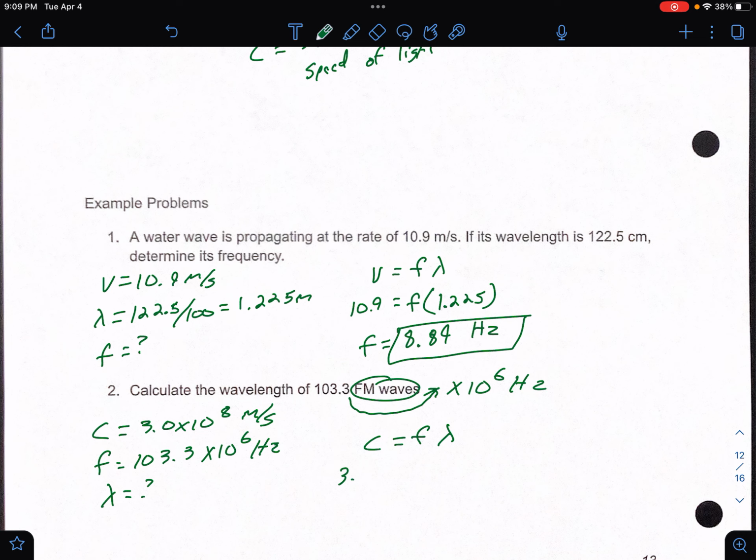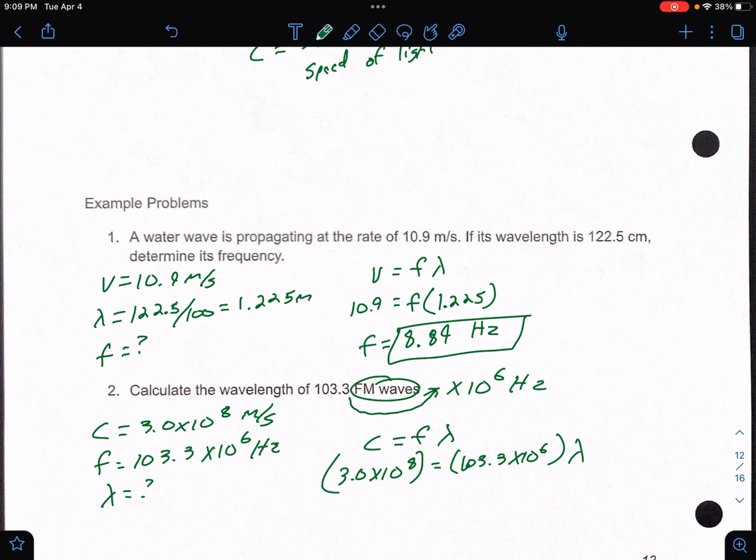So I'm going to do 3.0 times 10 to the 8th equals frequency, which is 103.3 times 10 to the 6th, and wavelength is upside down y. Now, please be careful when you're typing this into the calculator. When you're having multiple scientific notation numbers like this, please use parentheses when you do your division, because a lot of times you'll do the actual math right, but your calculator will get confused because you don't have parentheses.